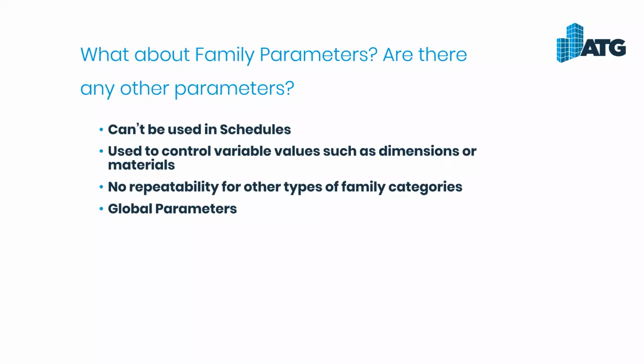Say an architectural type instance for a distance from the door to a particular wall. You might set a global parameter for that. So wherever you have that dimension, you can actually add that parameter in a project.